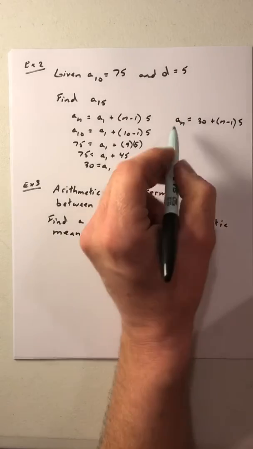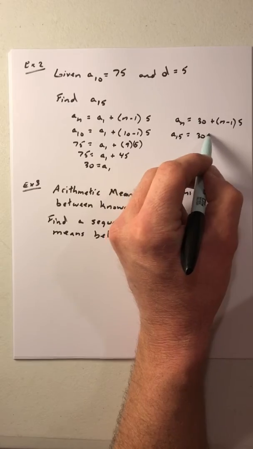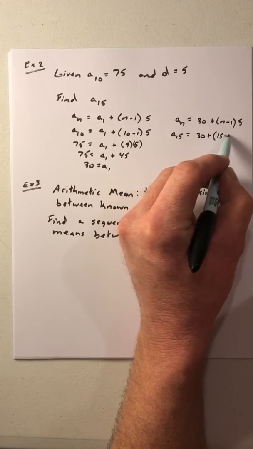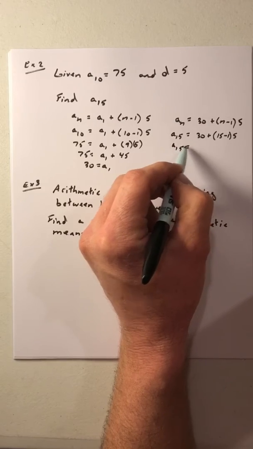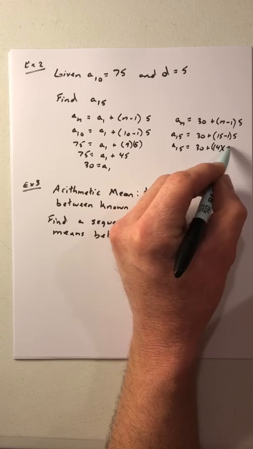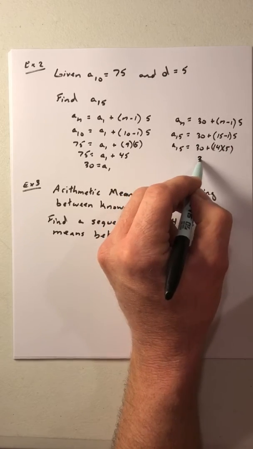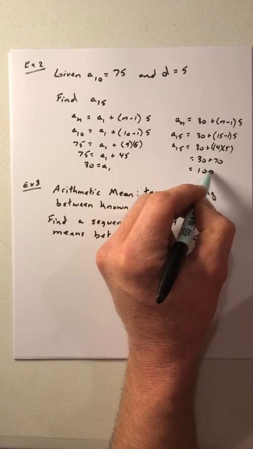Now we can find a sub 15. A sub 15 is going to equal 30 plus 15 minus 1 times 5. Working out that math, we have 30 plus 14 times 5. 14 times 5 gives us 70. So we have 30 plus 70, or 100.